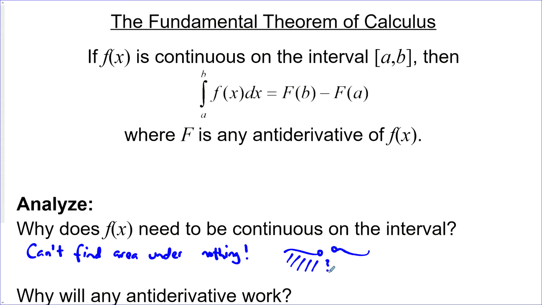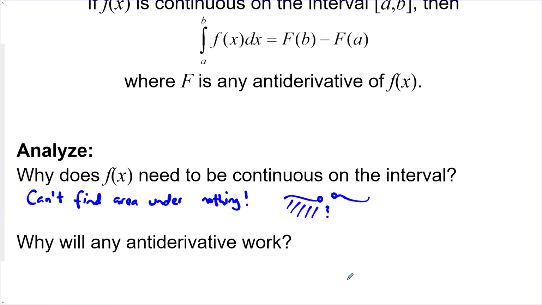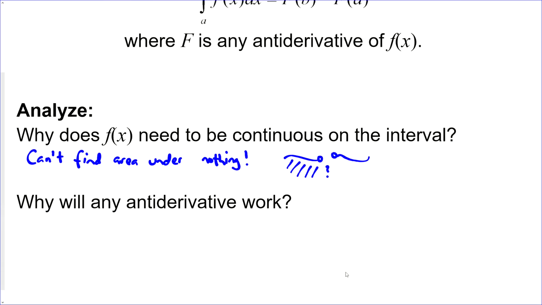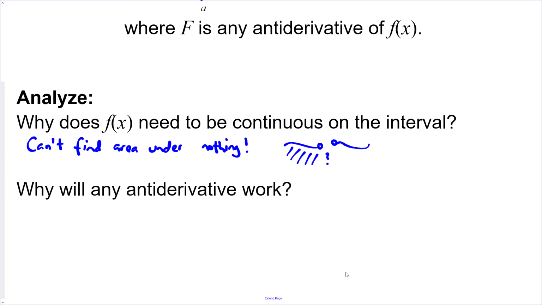So I can't do that. Integration won't work if there's a hole in my graph. There's some kind of discontinuity. And why will any antiderivative work? Well, we talked about that before, and that would be because the c value will just cancel out and we don't care what it is.